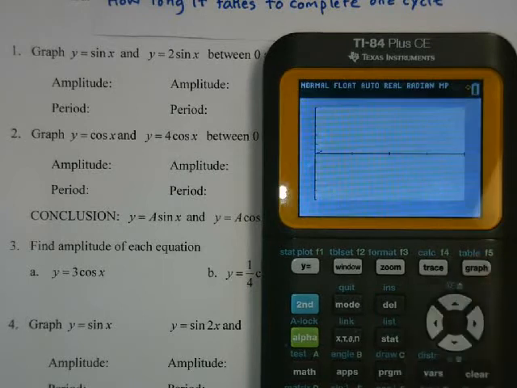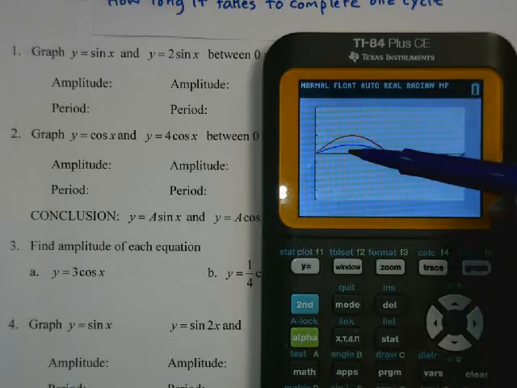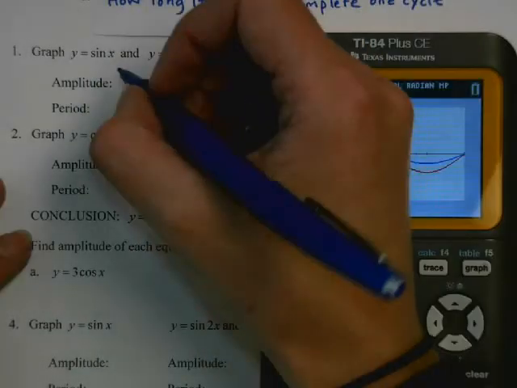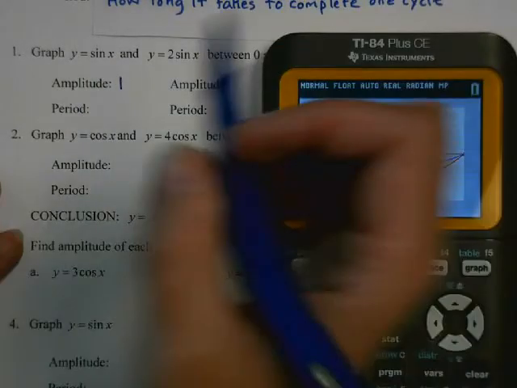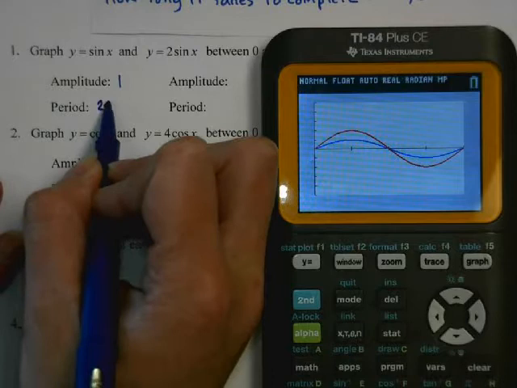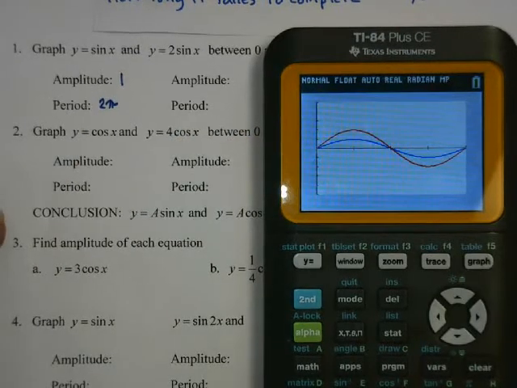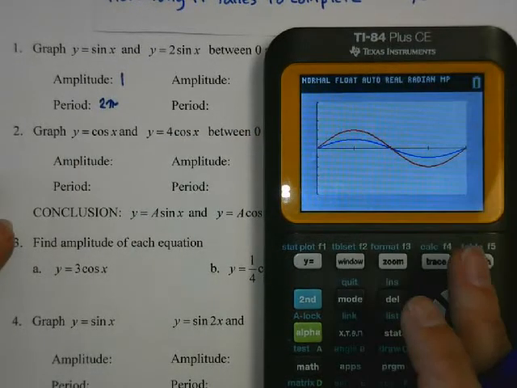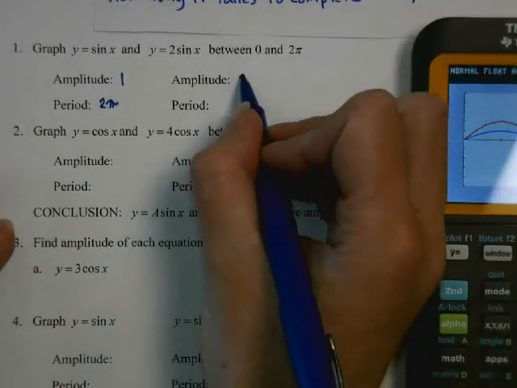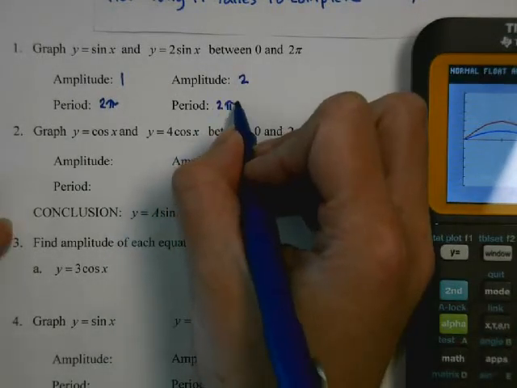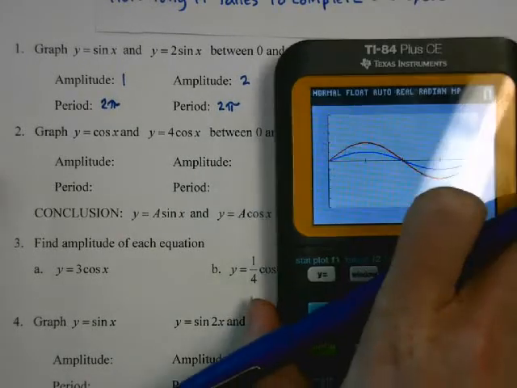We have sine of x there, and this is the graph of 2 sine of x. Okay, the amplitude of sine of x is 1. The period is 2 pi. The amplitude of 2 sine of x, if we look on the graph, is 2, but the period is still 2 pi. So let's go ahead and look at cosine and 4 cosine.